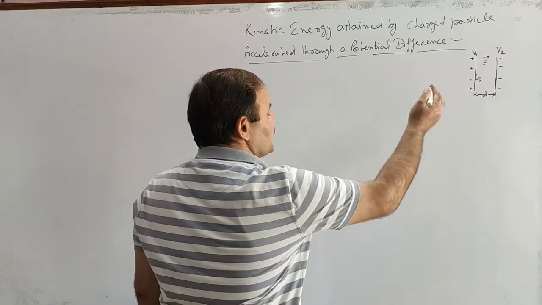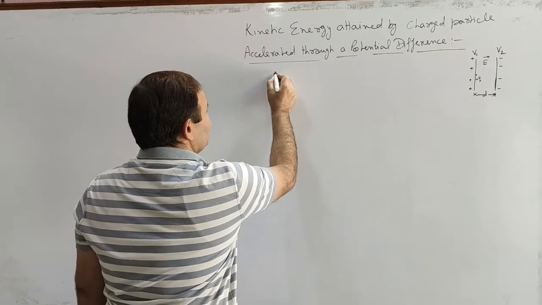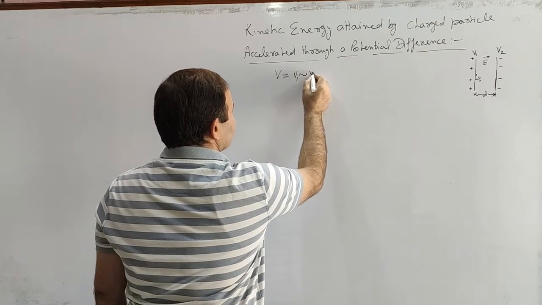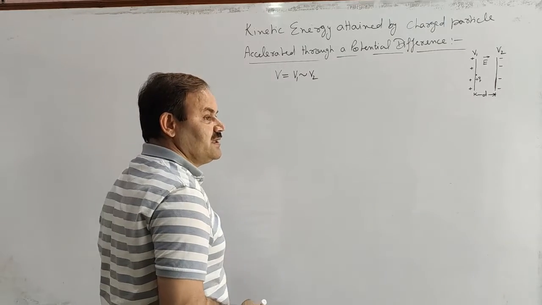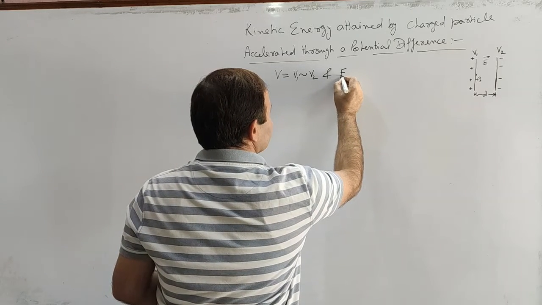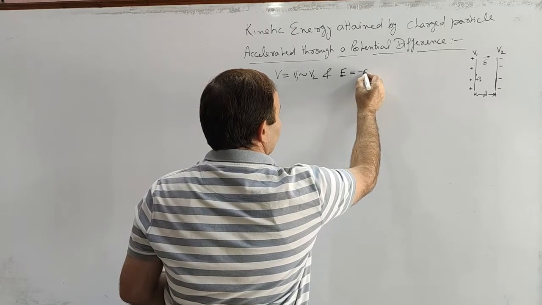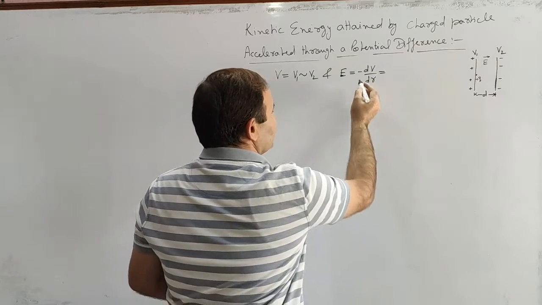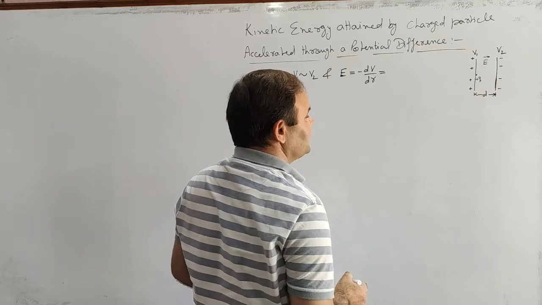Then the potential difference across the plates V is equal to V1 minus V2, and we know that electric field between the plates E is equal to minus dV by dr, that is negative of potential gradient.